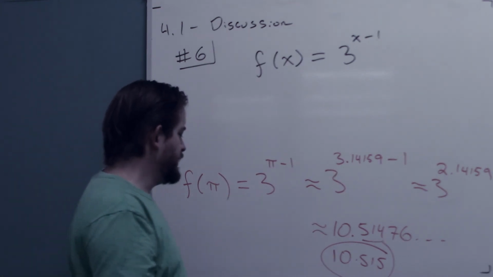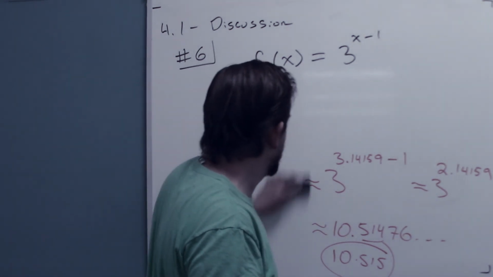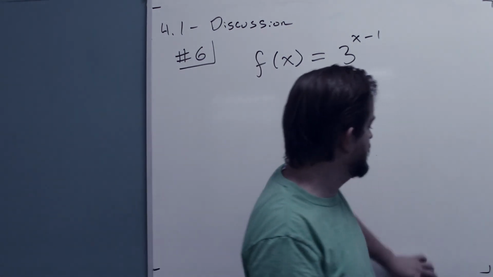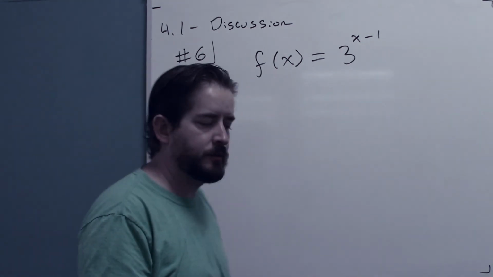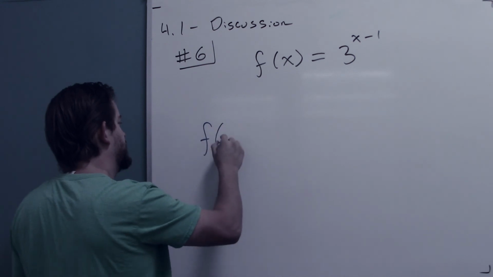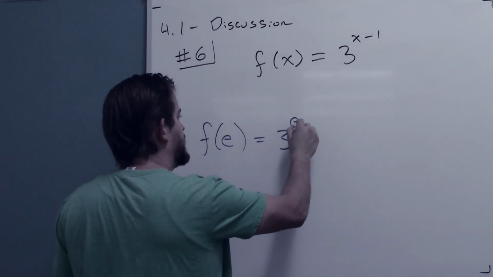And then there's an f of e. Again, if you bought a calculator for this course, if you're going on to calculus, you should have a calculator that has an e and a logarithm button in it. But if you're looking for f of e, I would go 3 to the e minus 1.